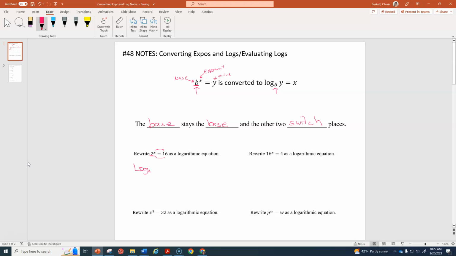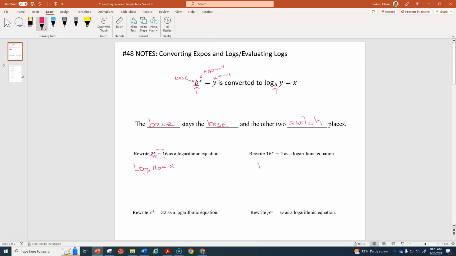So my x is going to move over there, my 16 is going to move over here. Log base 2 of 16 is equal to x. What I've managed to do there is isolate my x. In order to solve an exponential, I have to be able to get the x by itself. How do I undo it if the x is the exponent? You log it. So that's that exponential rewritten as a log.